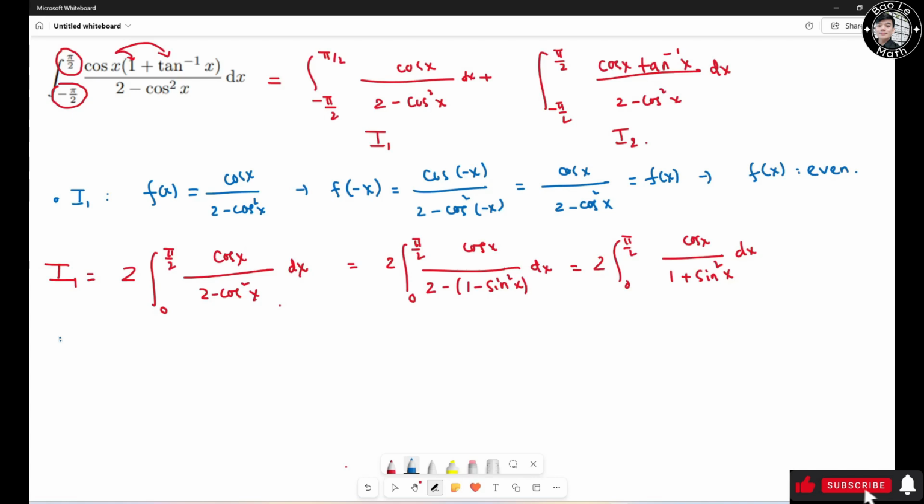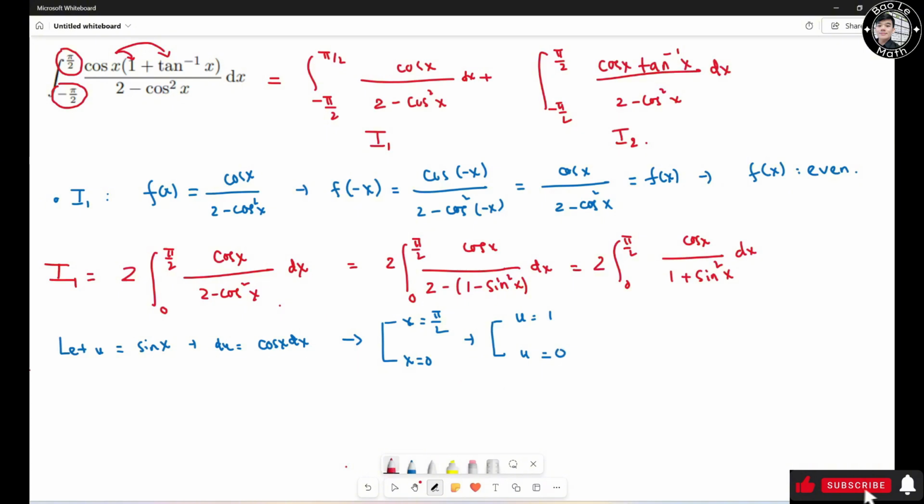Let u be sine s, then du equals cosine s ds. Now I need to change the bounds. The lower bound s equals 0, the upper bound s equals pi over 2. For the upper limit, s equals pi over 2 gives u equals 1, and for s equals 0, u equals 0.